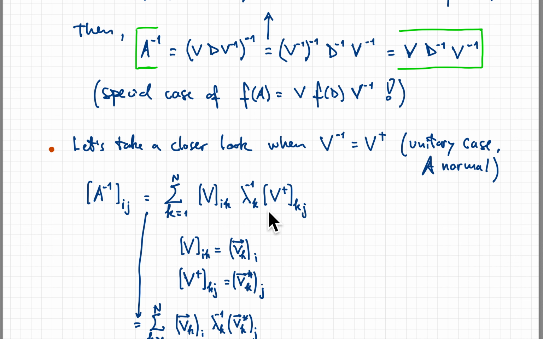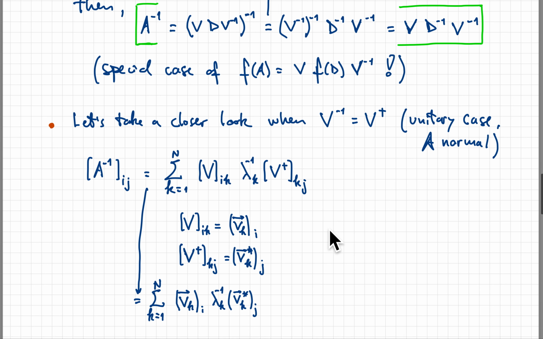And all I'm doing here is simply taking this expression and writing out explicitly all the indices of this matrix product. This is ik, k, and j. Normally, if you have two matrix products like you have here, you would need two sums. But here, because the matrix D inverse is diagonal, we can do all of it with just one sum. You can convince yourselves that that is true.